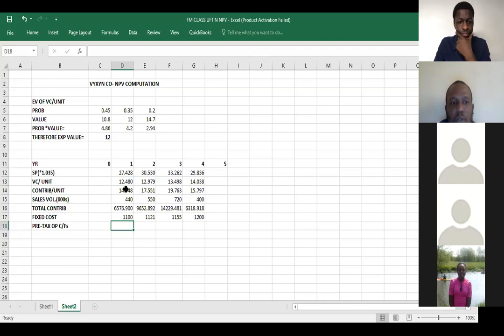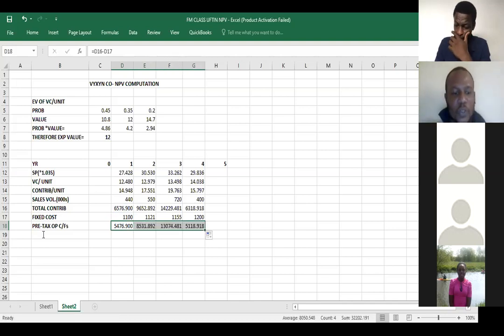Okay, so our variable cost was from the calculation we did for expected value. We could have called that expected variable cost per unit, just to be clear that it was the expected value computation. Now our pre-tax operating cash flows is equal to the total contribution minus our fixed cost, and we can drag for all the other years. Now we have our tax. Tax is 28%.